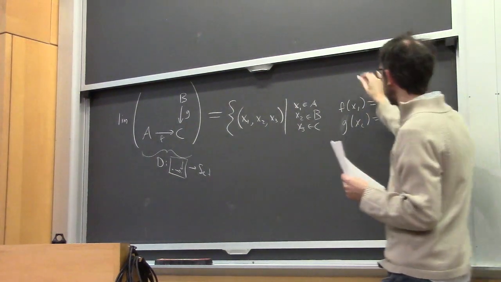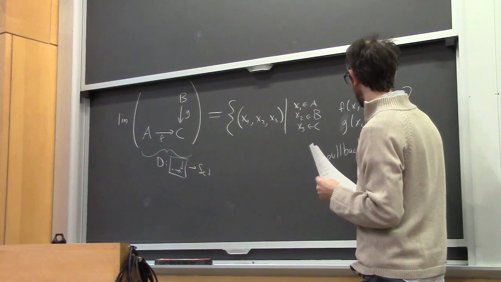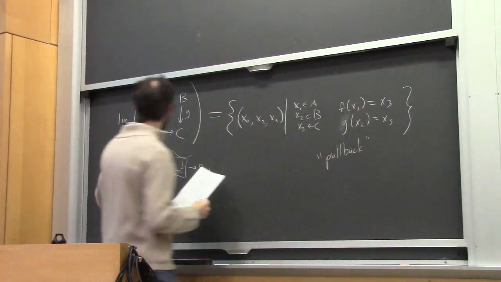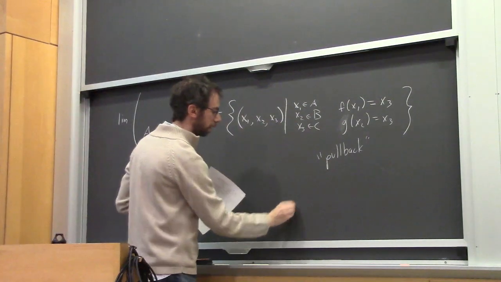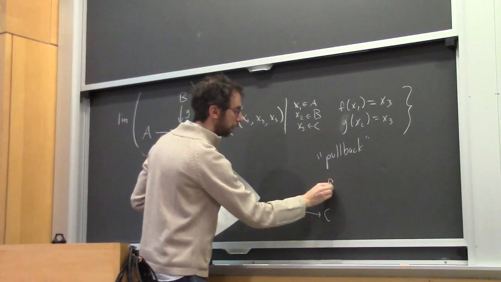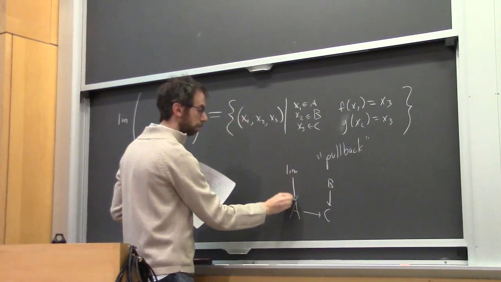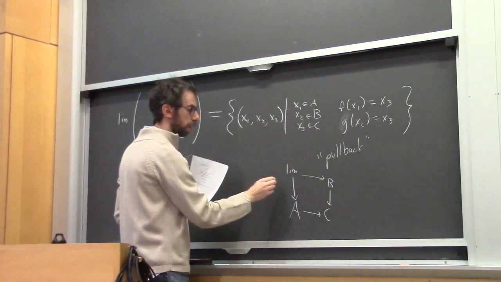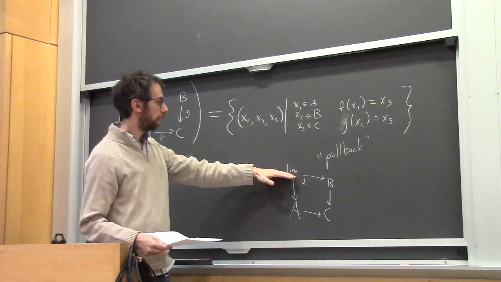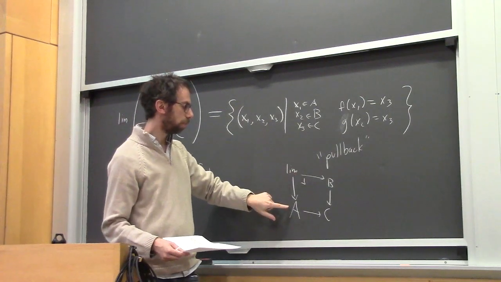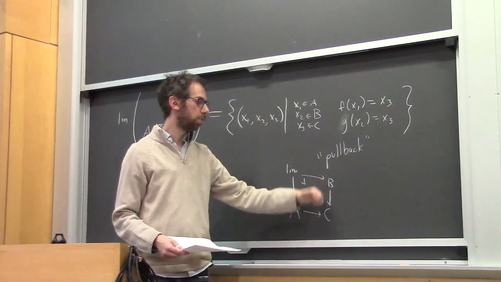And this is called the pullback. People often write it like this: A to C, B to C, and the pullback is here. It's going to be the set of triples A, B, C, where this map sends the A to the C, and this one sends the B to the C.